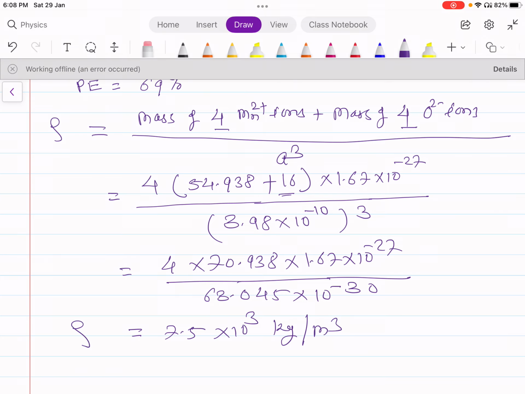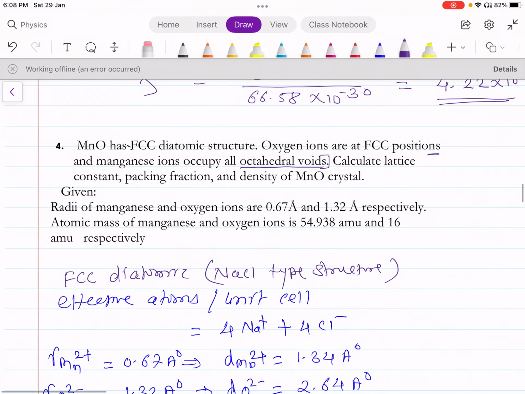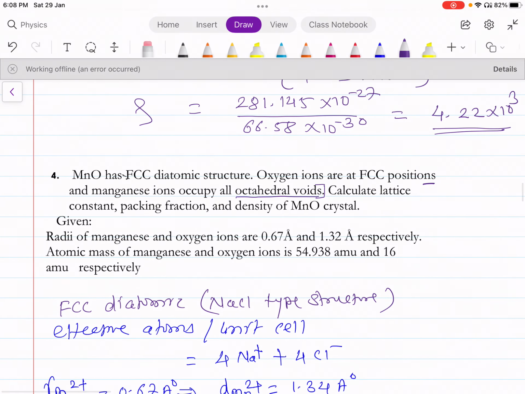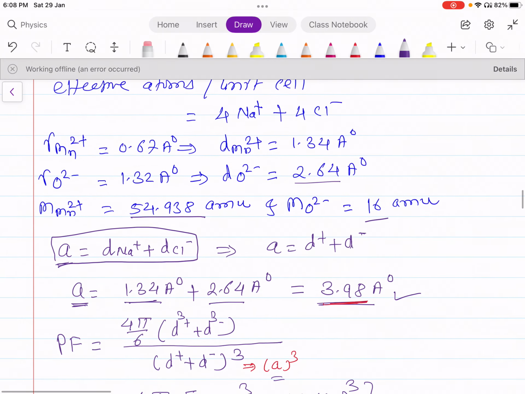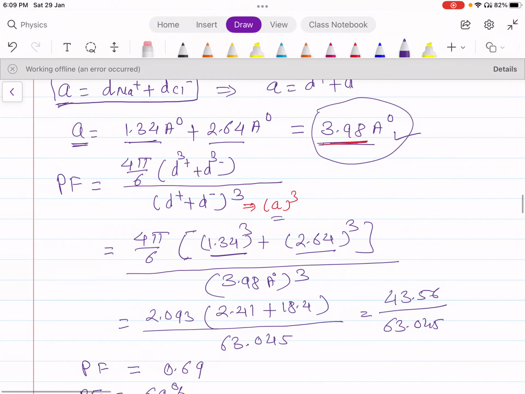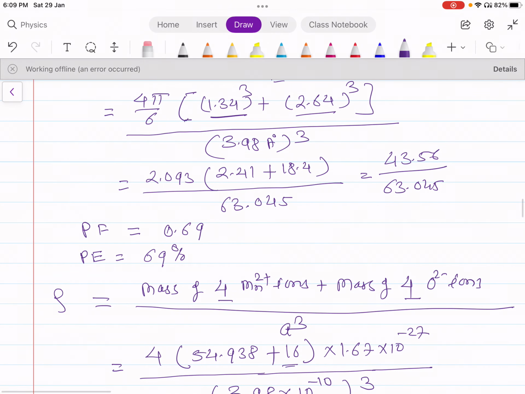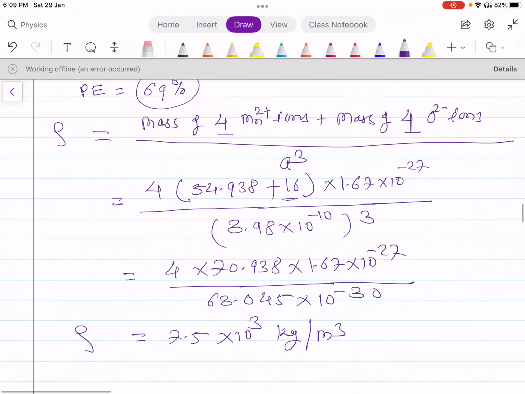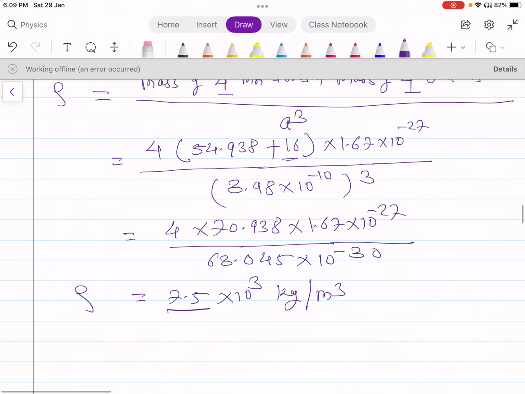So we got the density. So this is NaCl type structure. So we got the value of the lattice constant 3.98 angstrom. We got the packing factor and packing efficiency, and we also found the density. So this was NaCl type, diatomic NaCl type.